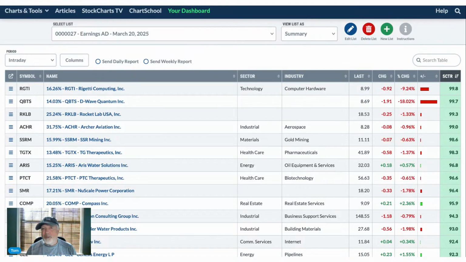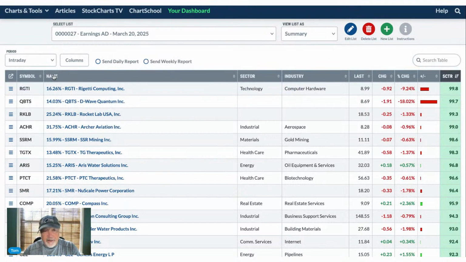So a company reports earnings on a Tuesday night. The very next day, Wednesday, it opens at 10. If it doesn't close at least 10.40, which would be a 4% increase, it is excluded from this particular chart list. At a minimum, it has to go up 4%.